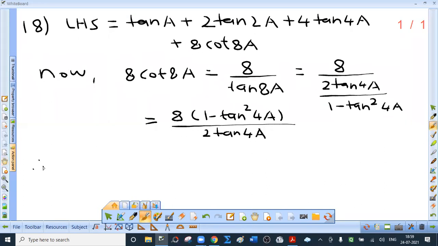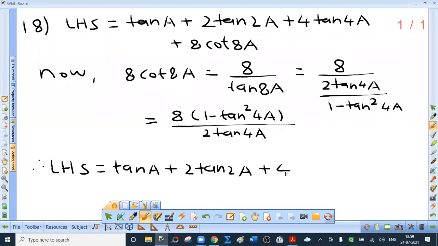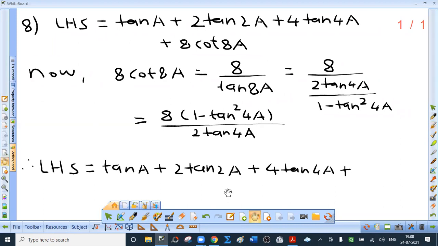And therefore LHS becomes, write down, tan A plus 2 tan 2A plus 4 tan 4A plus this term, 8 into what? 1 minus tan square 4A upon 2 tan 4A.